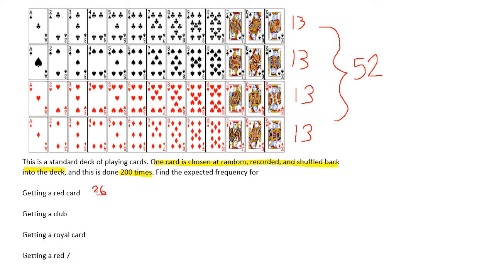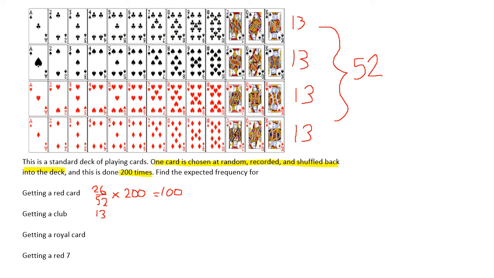So to go through the list, probability of getting a red card, there's 26 red cards here, so we'd say 26 out of 52, and we times that by 200, and we get ourselves an answer of 100 red cards expected. Now you could a little bit more smartly say half the cards are red, half the 200 is 100. Probability of getting a club, well there's only one row of clubs here, that means there's 13 cards with clubs on.